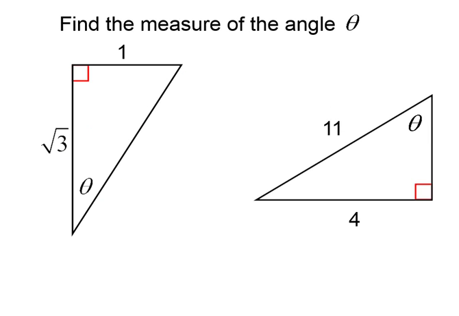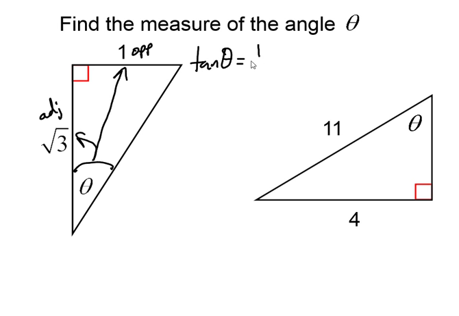Let's do this a couple more times if you want to see a little bit of variety. Angle theta in the first example has an adjacent side given to me as well as an opposite side. There is nothing on the hypotenuse. In this problem, I need to use tangent. So tangent of the theta angle gives me opposite over adjacent, 1 over square root 3.